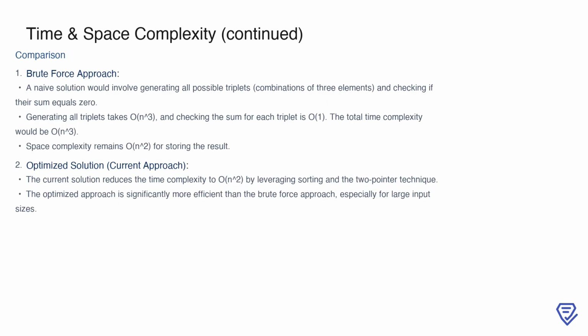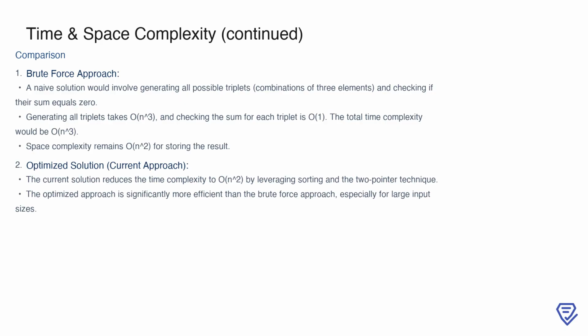To better appreciate the efficiency of the current approach, let's compare it to a brute force solution. A naive approach would involve generating all possible triplets, which requires examining every combination of 3 elements from the array. This generation step alone has a time complexity of O(n³), and checking the sum of each triplet takes O(1). As a result, the total time complexity of the brute force approach is O(n³).